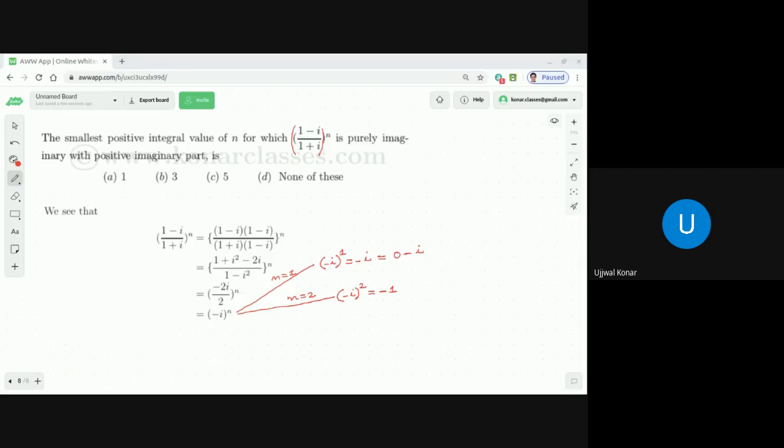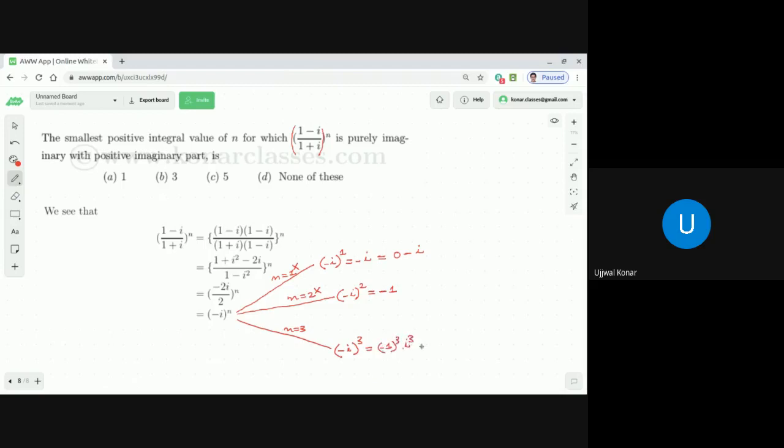So n equal to 2 is not going to work, and n equal to 1 is not going to work. Then let's apply n equal to 3. If we apply n equal to 3, dear students, what are we going to get? (-i)^3, that is equal to (-1)^3 times i^3.